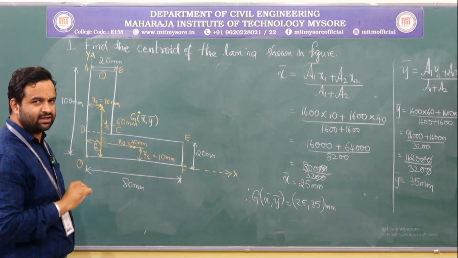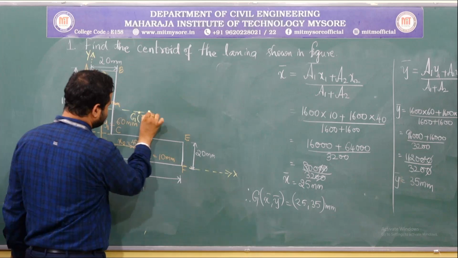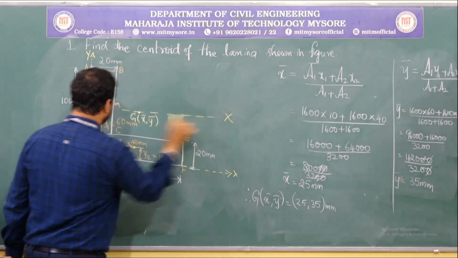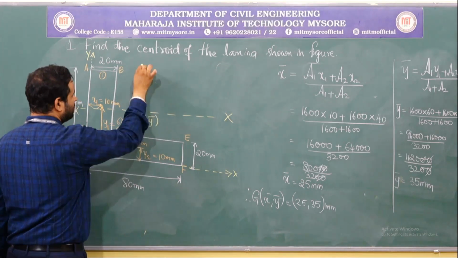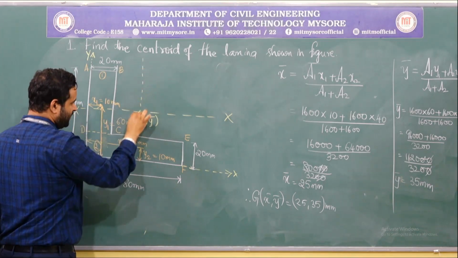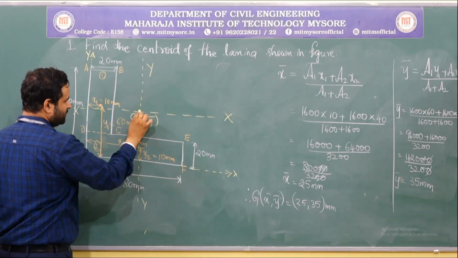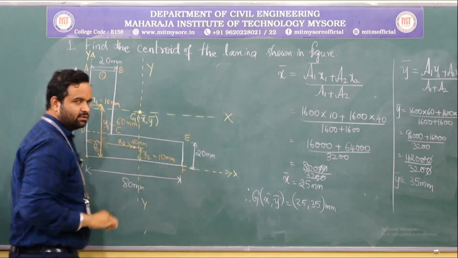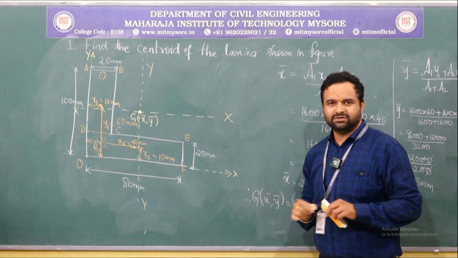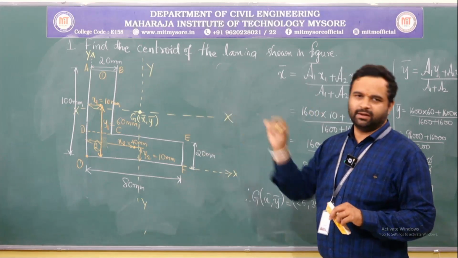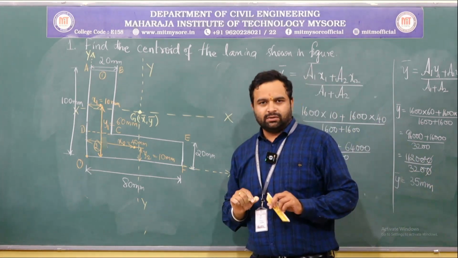Now you have to draw the centroidal axis. So draw the x axis line, which will be xx, and correspondingly draw its y axis, which is called yy. This is the location of the centroid. Okay, now we have determined the location of the centroid of this given lamina, and you know what?